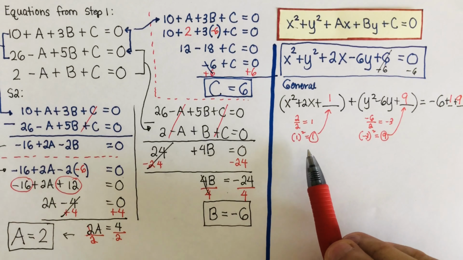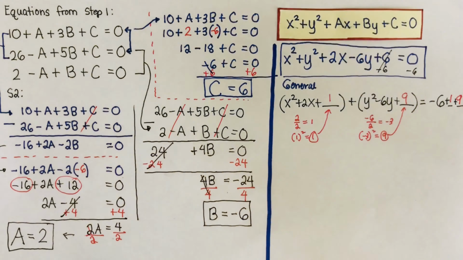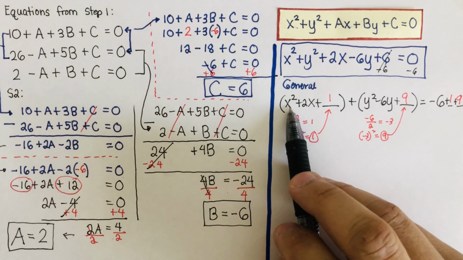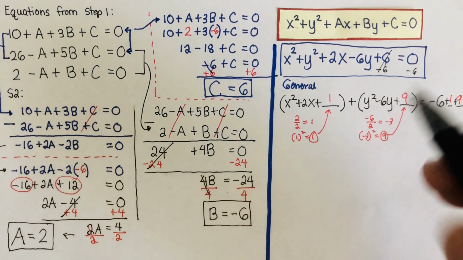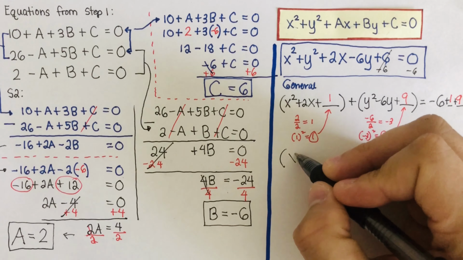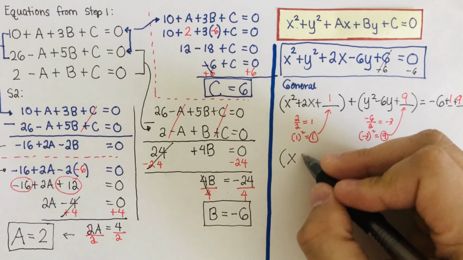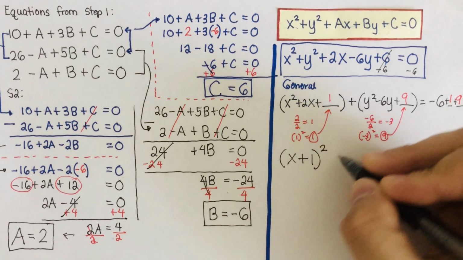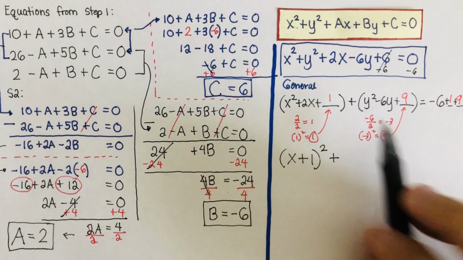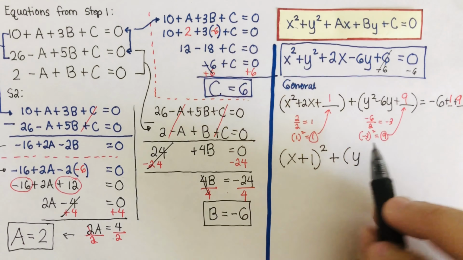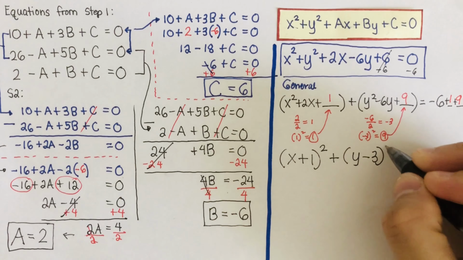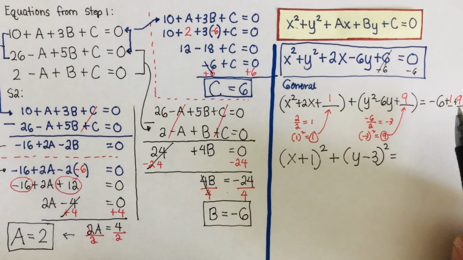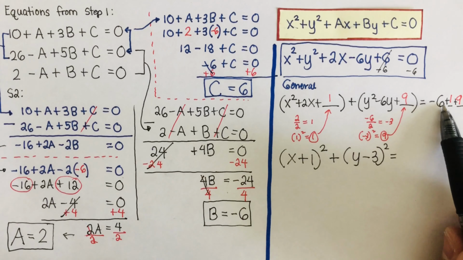The next thing that we do is simplify this. We remember that we can simplify this since this is a perfect square trinomial. So this would come out as x, and then the number inside the parentheses is plus 1, squared, plus y, and then the number inside the parentheses is minus 3, squared, is equal to negative 6 plus 1 plus 9.